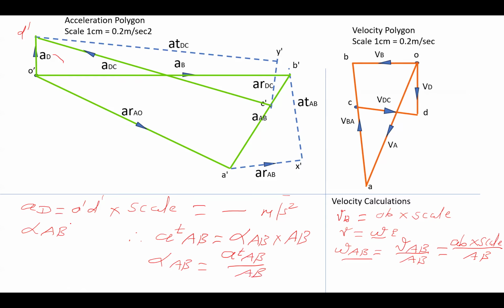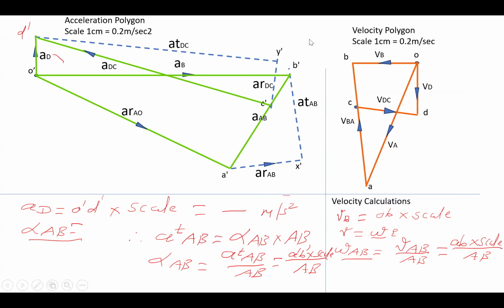So how to find out a_t AB? You have to take the vector distance a dash b dash, multiply this with the scale of acceleration divided by AB length in meter. That will give you the angular acceleration. In this way, you can solve any calculations.